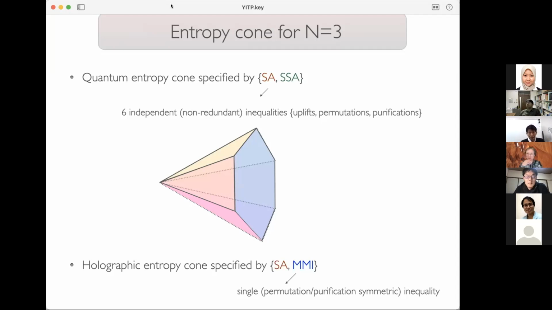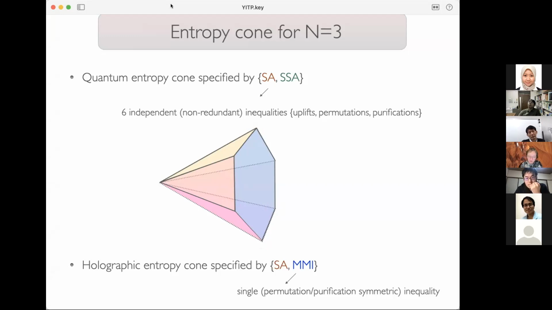Each configuration and state that I get to specify would correspond to some entropy vector within the cone. Now, if I just give you a state and it happens to have an entropy vector that lies within the cone, that doesn't by itself necessarily imply that that state is holographic. As I said, a Bell pair would be one of these vertices. Well, a Bell pair by itself is certainly not holographic, but it has an entropy vector that lies, in this case, on the boundary of the cone.